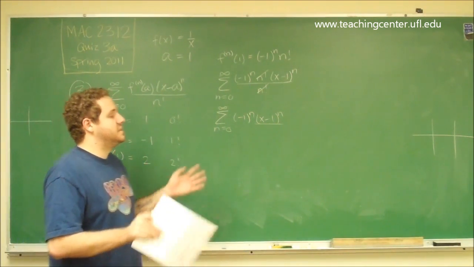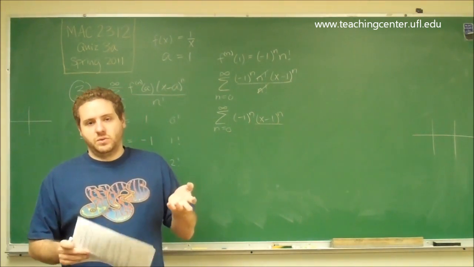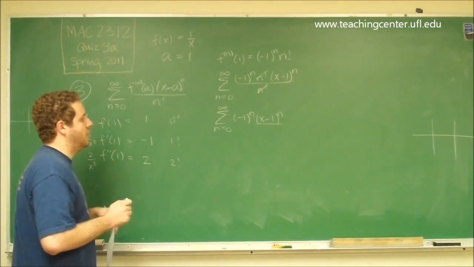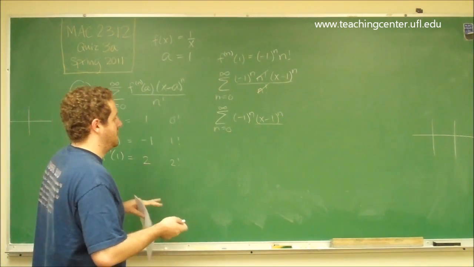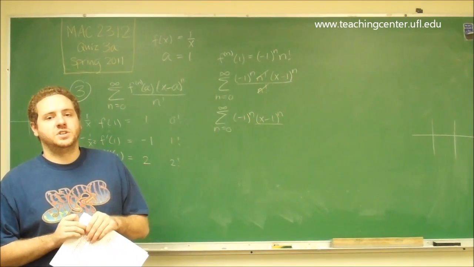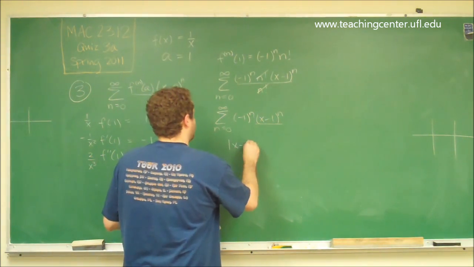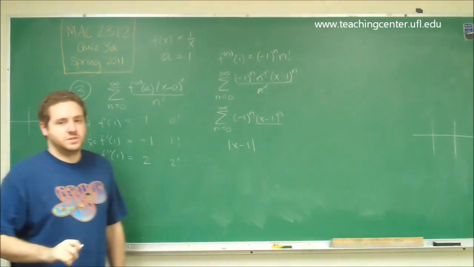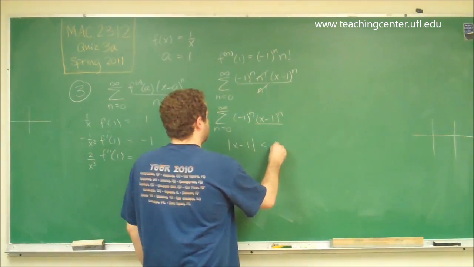And a geometric series has to converge if the number is between negative 1 and 1. Now, we can test this by using the ratio test as well. Either way is fine. So think about what it means for a geometric series. We know that the absolute value of x minus 1 has to be less than 1.